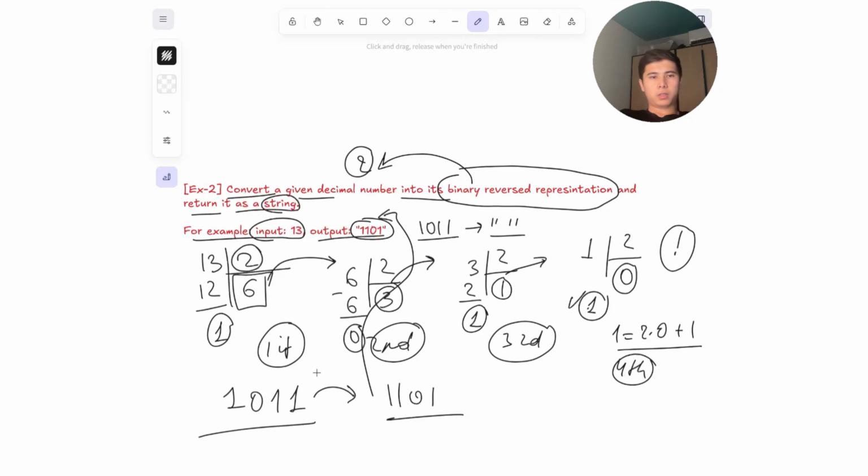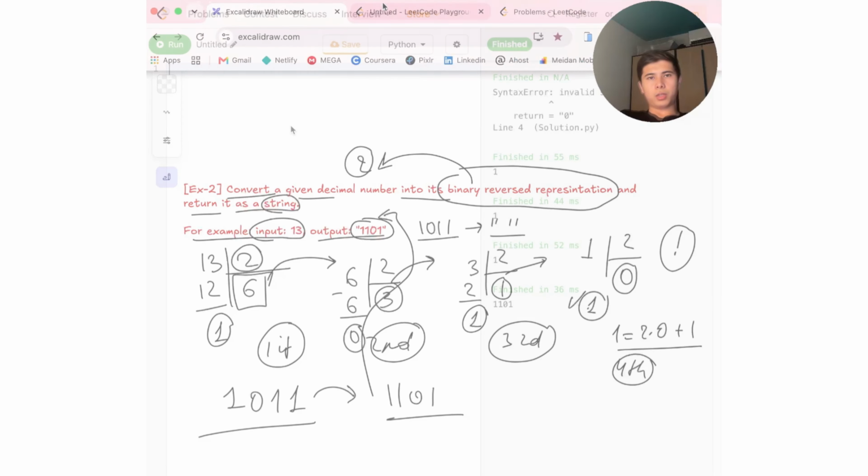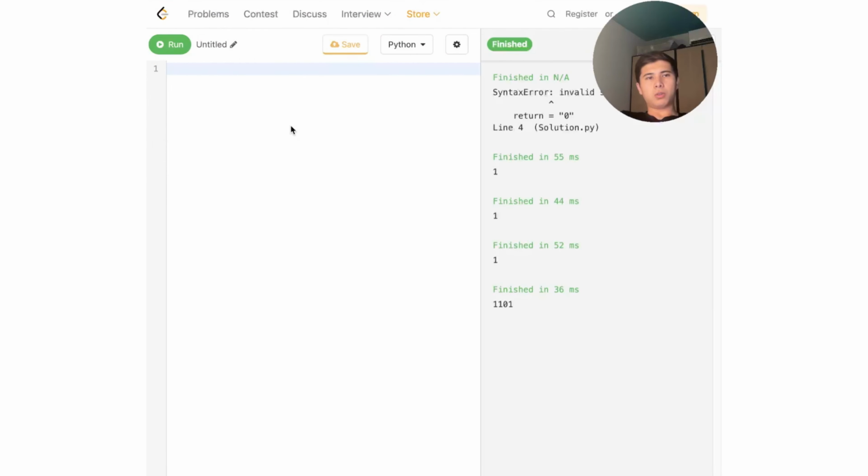So it's time to see the algorithmic solution. We write our function name, convert to binary, and give its argument, which is a number. Again we write the condition: when the number becomes 0, our result needs to be 0 as a string.